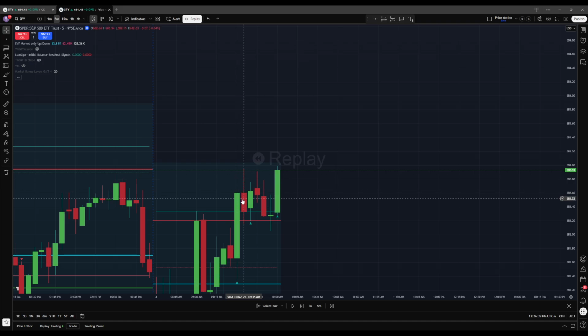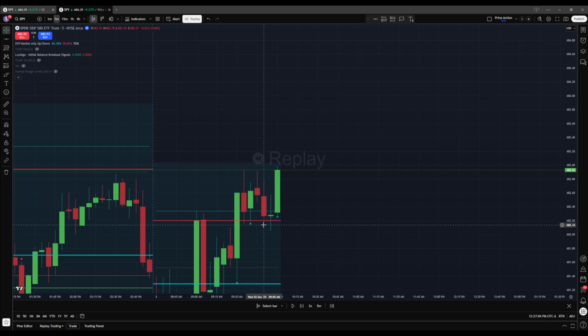Nope, we're waiting for an open and close to hold above this volume area high, which it does. So you can see right here, we get a signal. We get in on this candle.